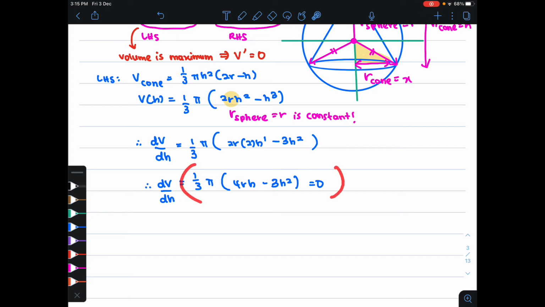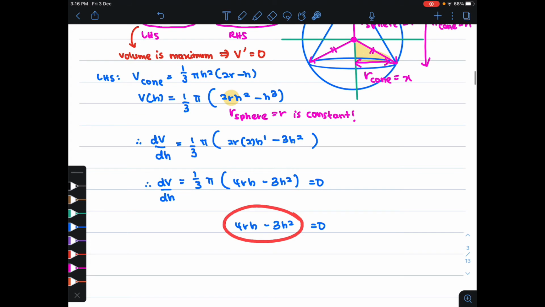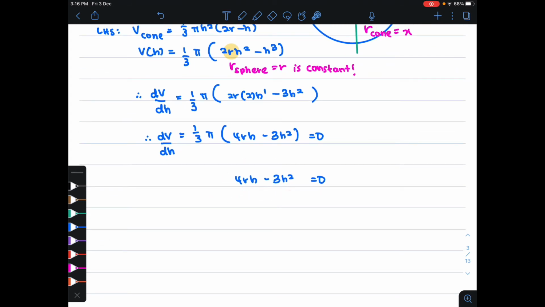So, if we divide everything by 1 over 3 pi, it's just this one equal to 0. Okay, so we want to solve it. If you notice it is quadratic, so factorize out H. So, you'll get H equal to 0 or 4R minus 3H equal to 0.